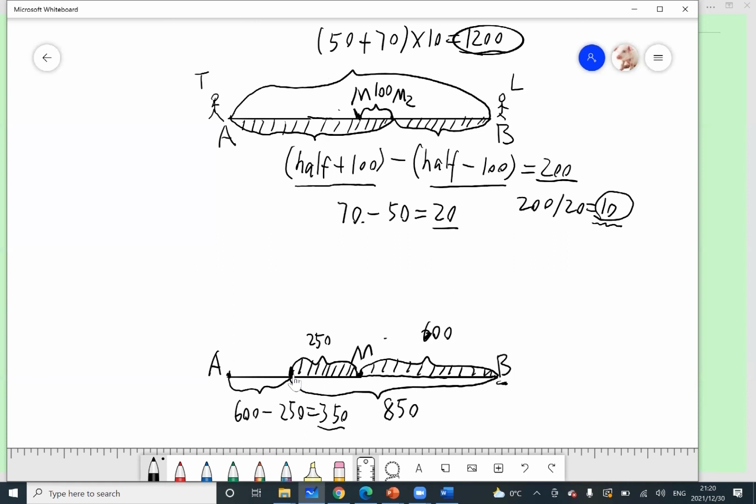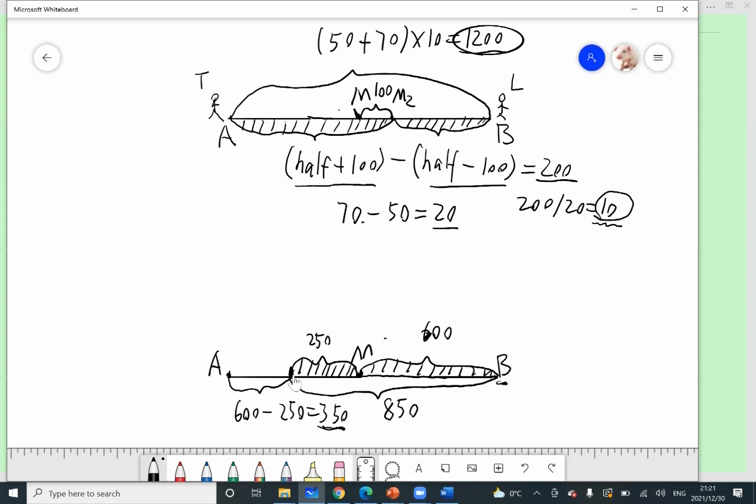Then to find out how long he had stopped, what can you do? Let's see what we already know about Tom in the second case. Do we know the distance Tom had traveled? Yes, right. We know that Tom had traveled only 350 meters, and we also know Tom's speed. So we know the distance, we know the speed.